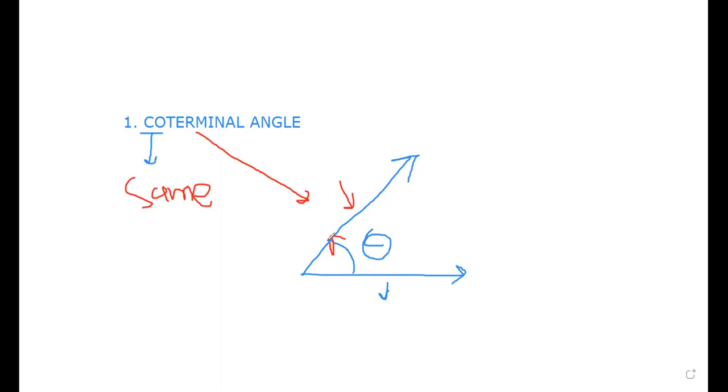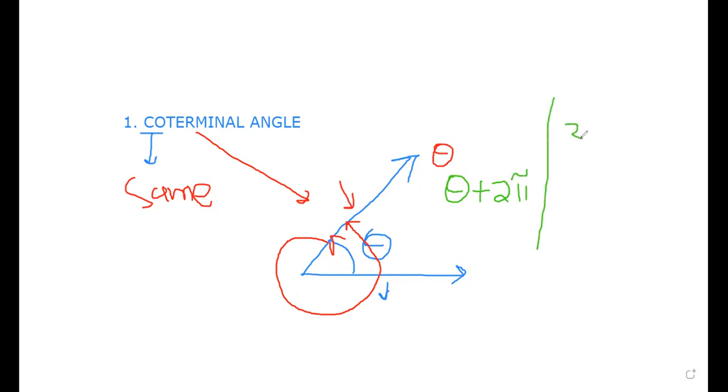So what will be the value of the coterminal angle? We will draw an angle like this. The first angle was theta, and our second angle is theta plus 2 pi. So if my theta is 30, what will be the coterminal angle of 30?